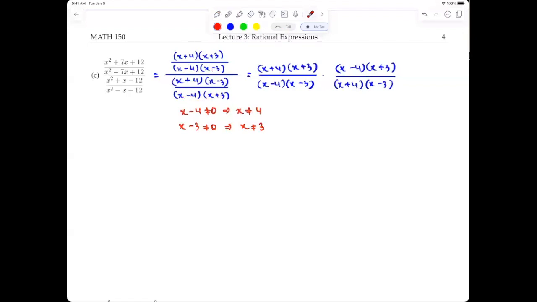This condition, x minus 4 different from 0, we already got that, so we can ignore it. X plus 3 is different from 0, so you get x different from negative 3. Then move on to the last denominator here. X plus 4 is different from 0. X minus 3 is different from 0.